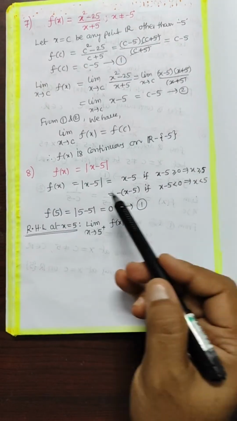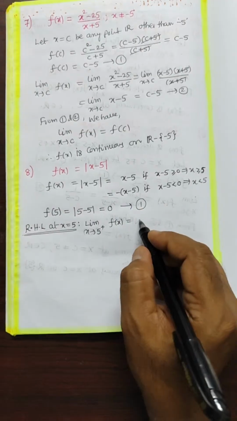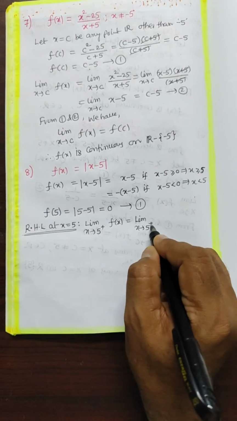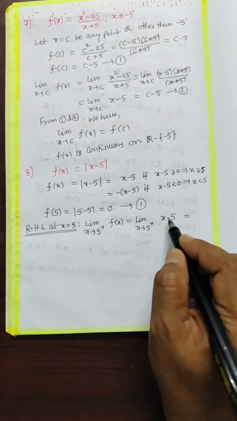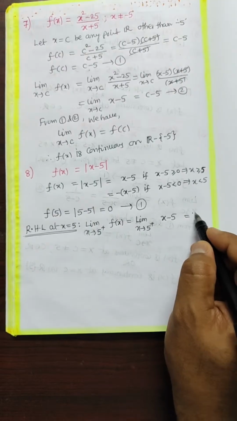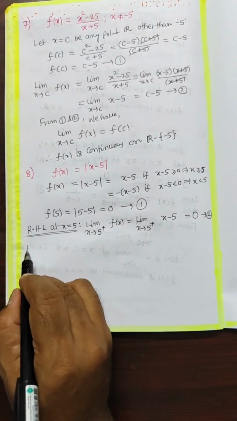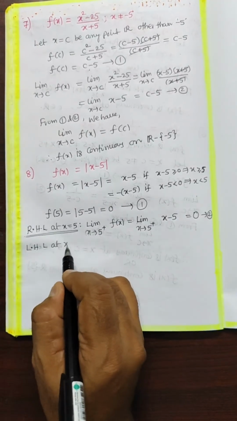When x is greater than 5, mod x minus 5 value is what? x minus 5, dear students. Limit x tends to 5 plus f of x value is x minus 5. So x is equal to 5, substitute 5 minus 5, 0. Equation number 2. Next, left hand limit LHL at x is equal to 5.